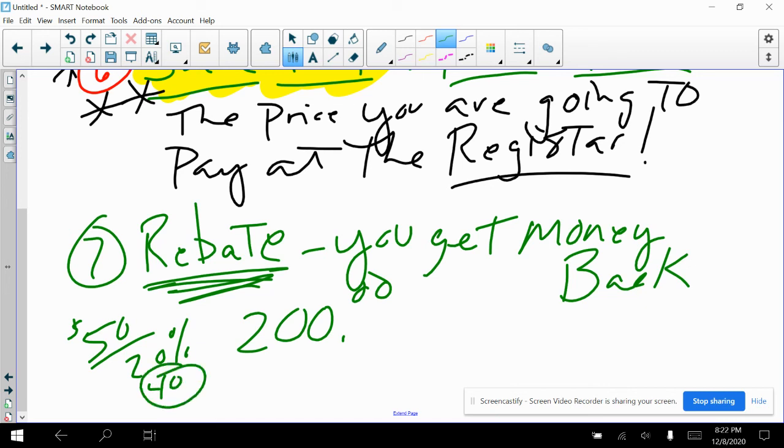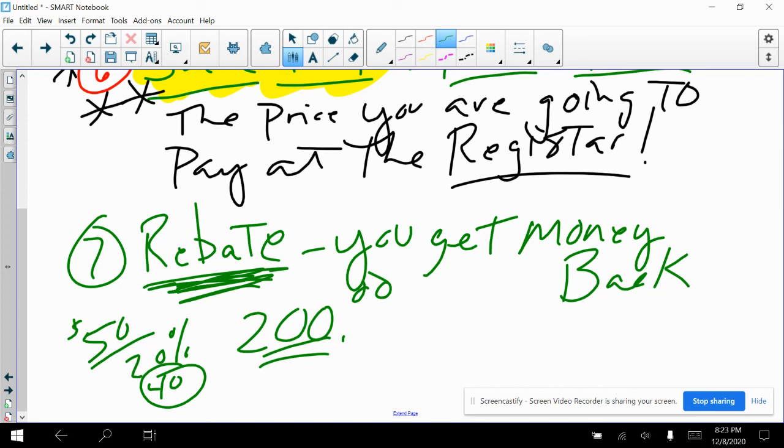Either way, you pay the $200 up front, and then you have to fill out a form. You might have to cut something off the original package to mail back to the supplier or the company who made the item, and then they will send you the money.